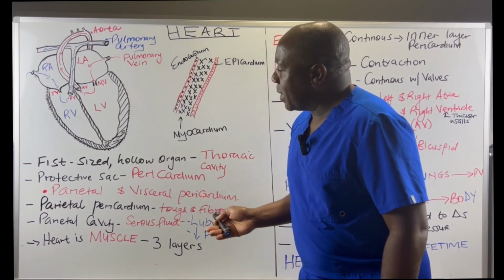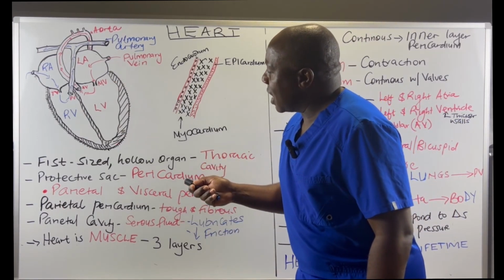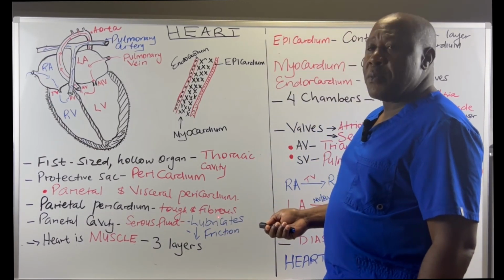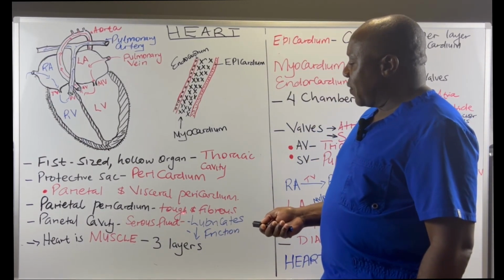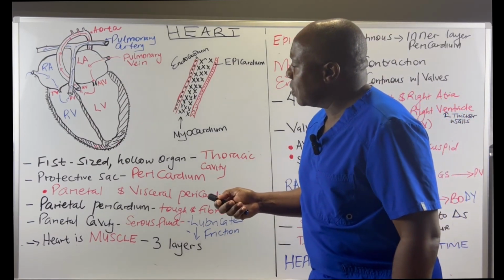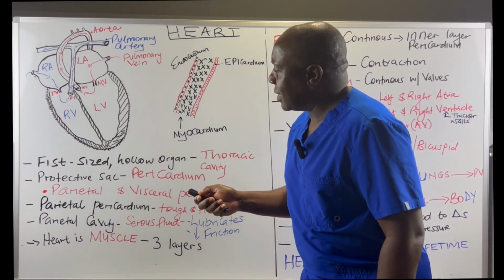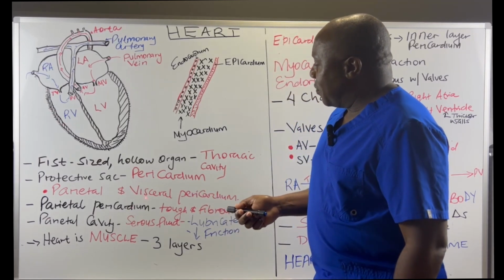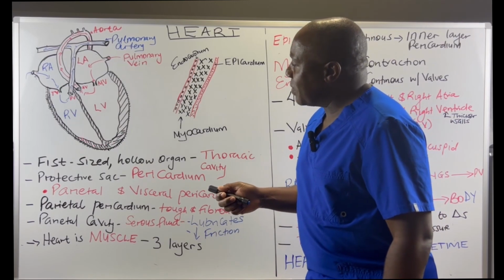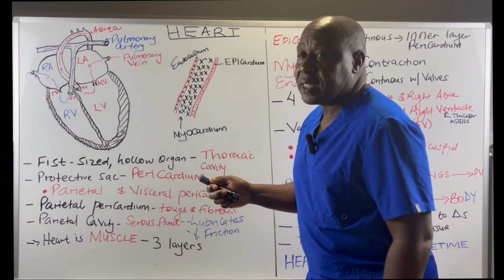The parietal pericardium is the topmost layer of the pericardium, and it is very tough and fibrous. It is tough and fibrous because it provides protection to the heart. The visceral pericardium is the inner layer of the pericardium that lies directly on the surface of the heart.